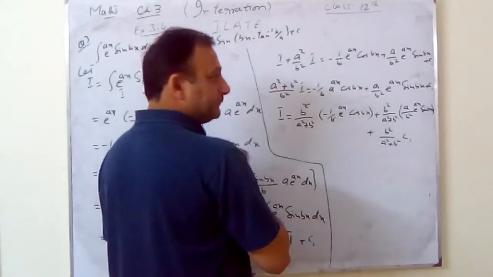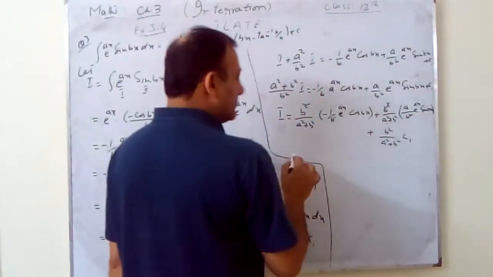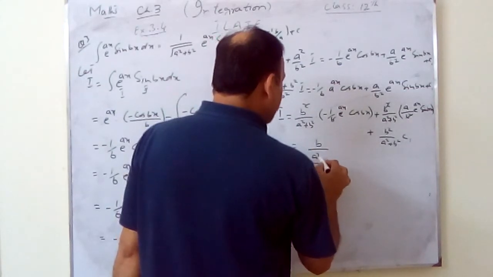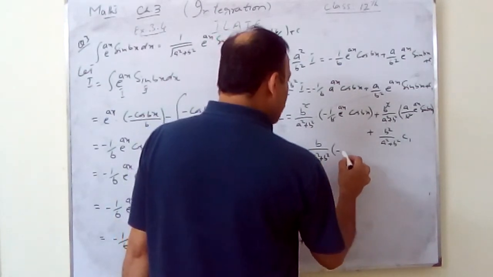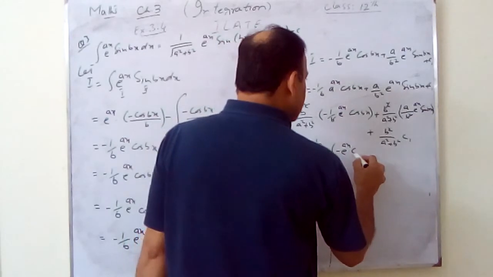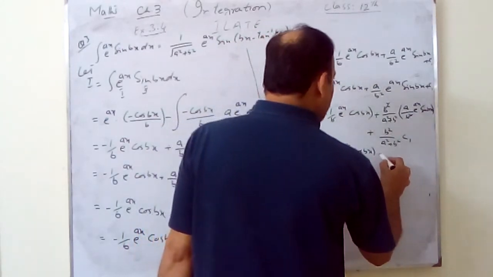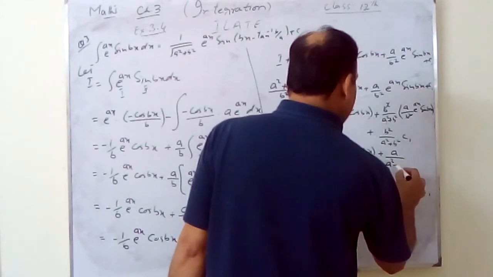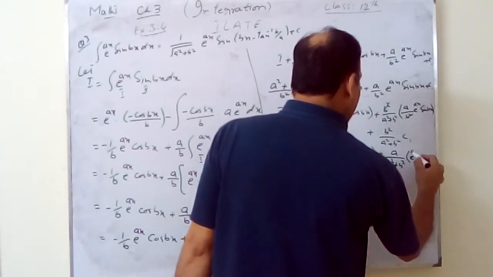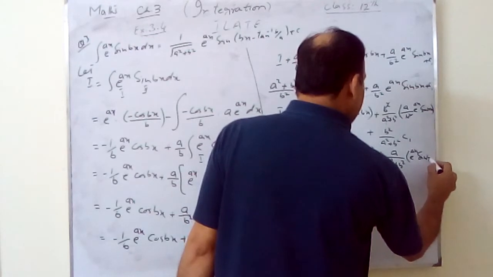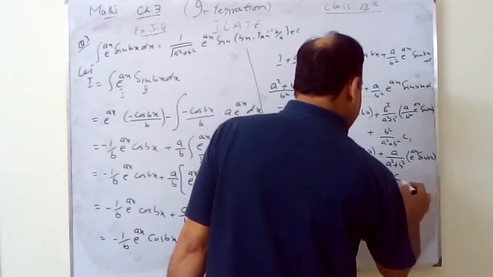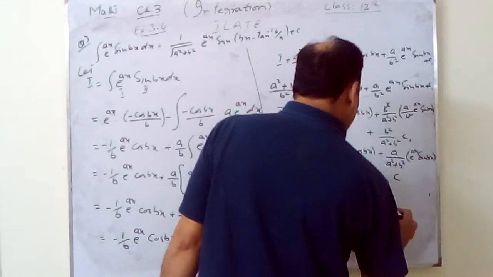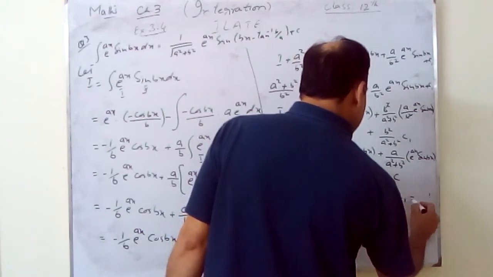Cancelled here, this is also cancelled. So here we have b over a square plus b square into minus e power ax cos bx plus a over a square plus b square e power ax sin bx plus c, where b square over a square plus b square c1 is equal to c.